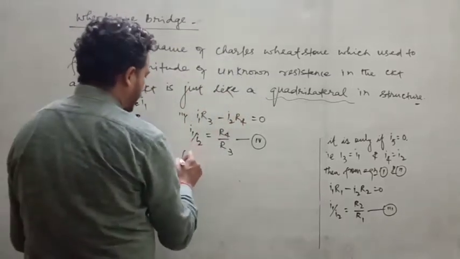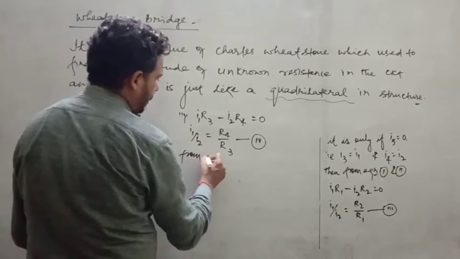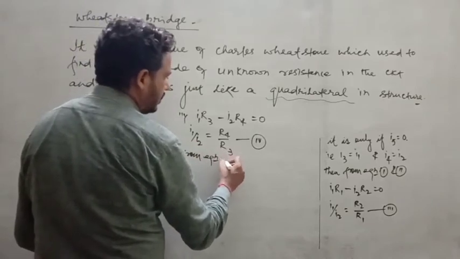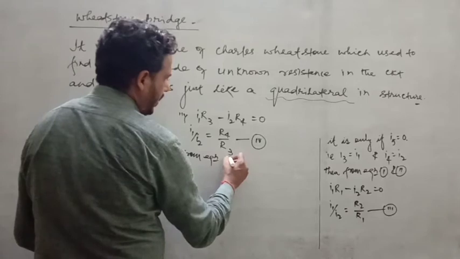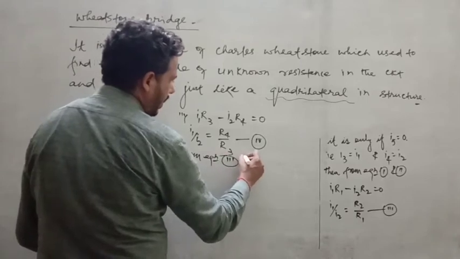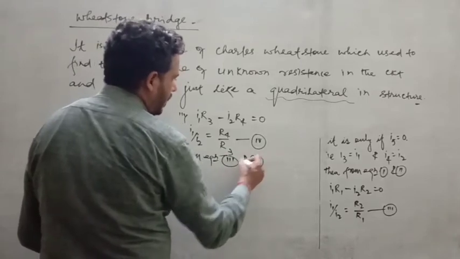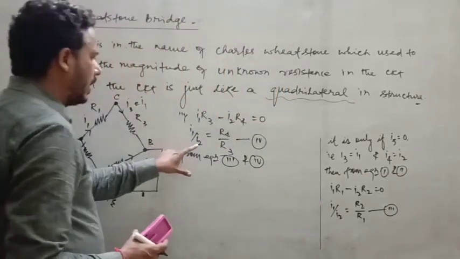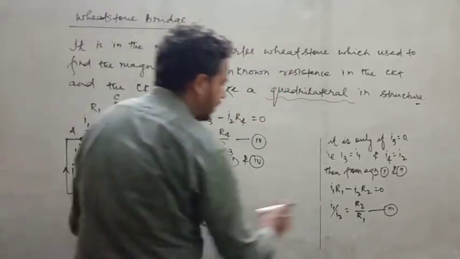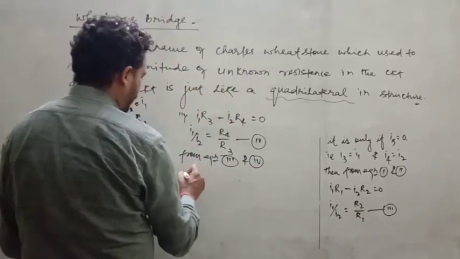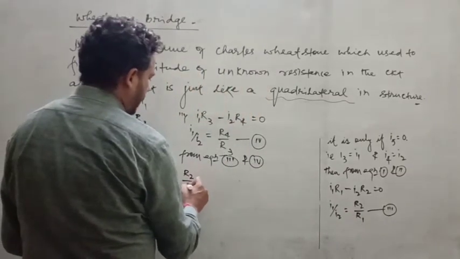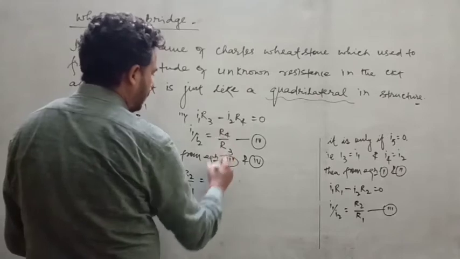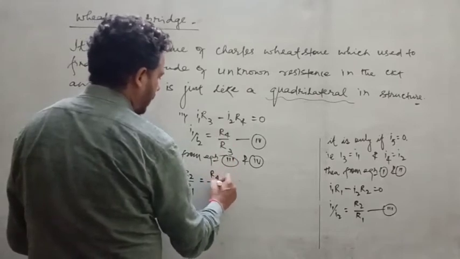Again, from equations 3 and 4, you see that here is I1 by I2 and here is also I1 by I2. That means R2 by R1 is equal to R4 by R3.